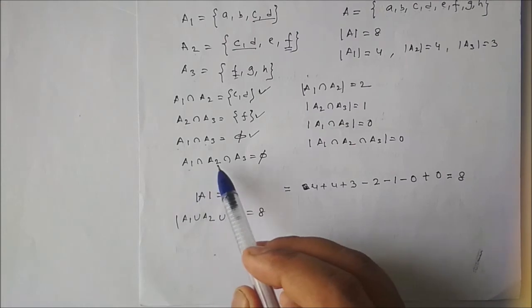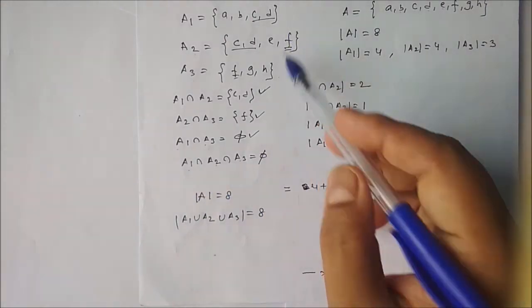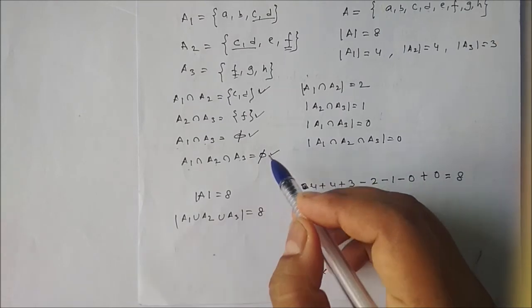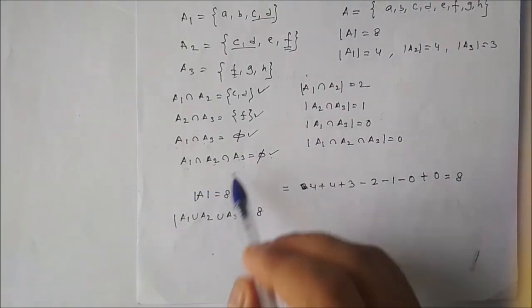And A1 intersect A2 intersect A3 also has no common element.